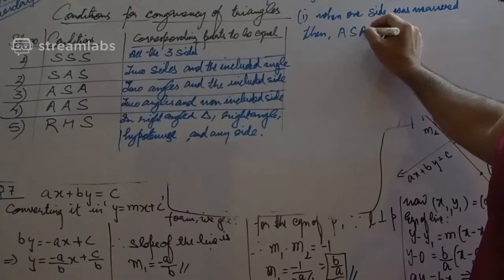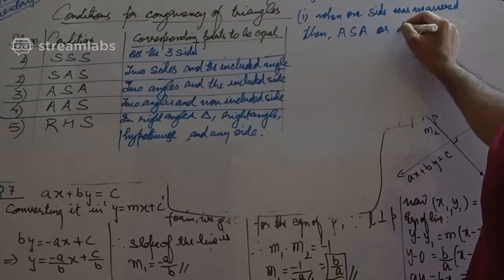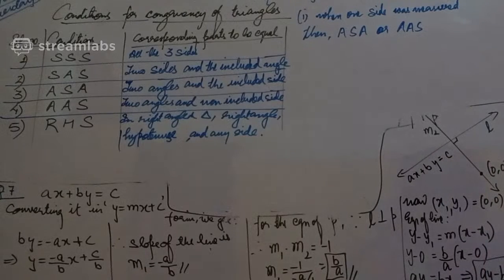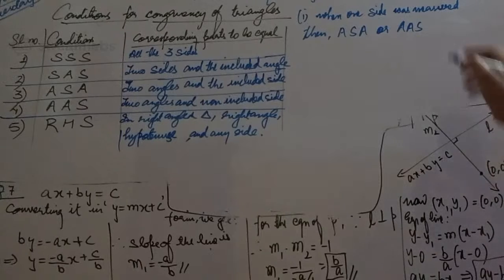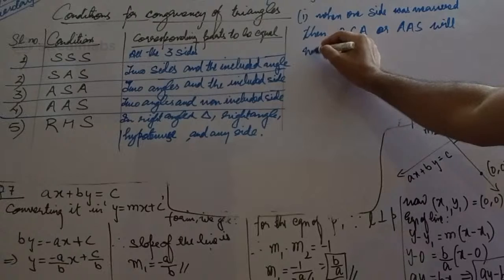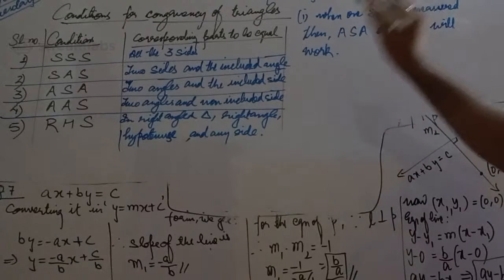In fact, SSS and SAS can also work, because then he has to measure the other two sides, or the other side and other angle as well. Considering that only one side was measured, now he can measure two other angles, then this would work. So this is the first conjecture.